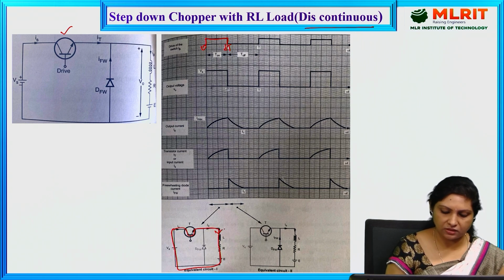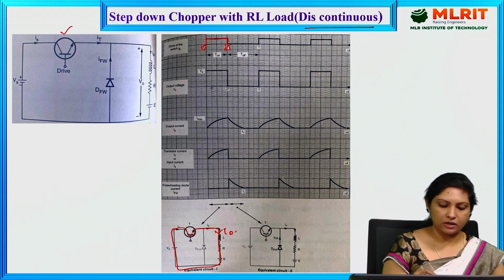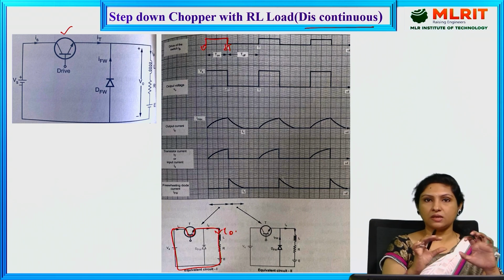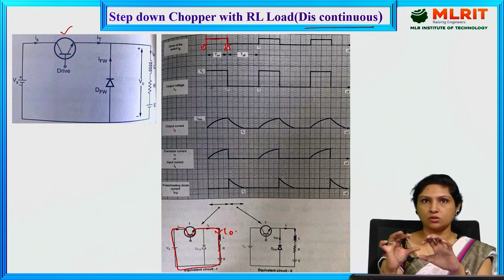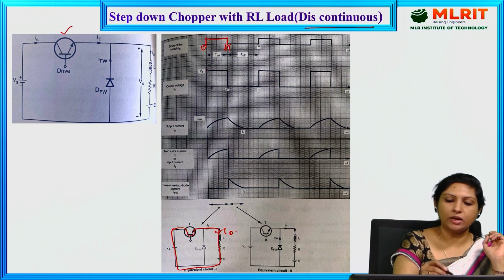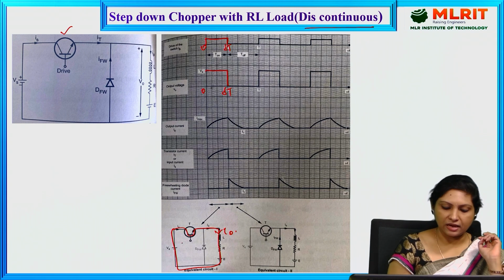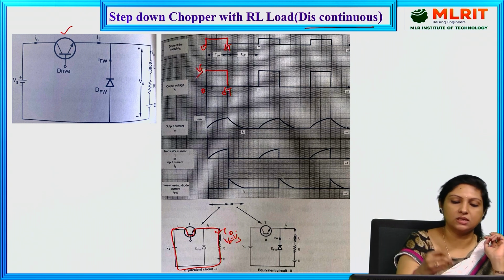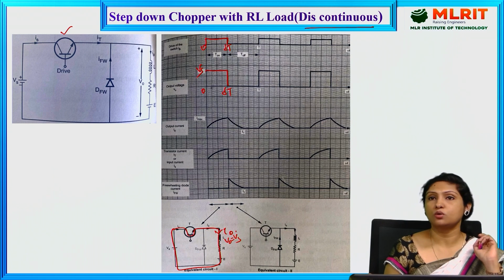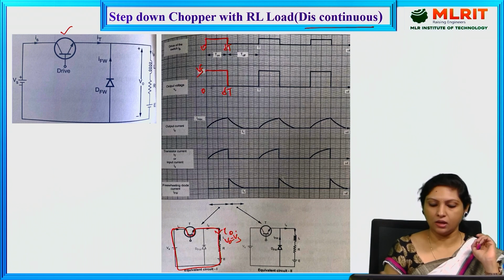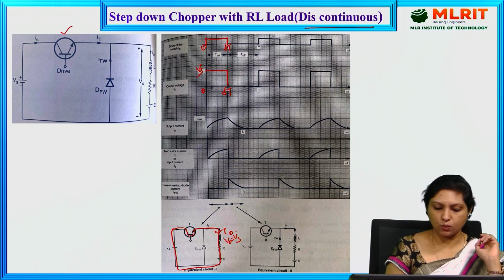When the transistor is on, supply voltage is connected across the load, and that is how we are getting the output voltage from 0 to delta T, of magnitude V0 equal to Vs. We can also explain this in another way: since current is flowing through the load, V0 is equal to I0 into R.